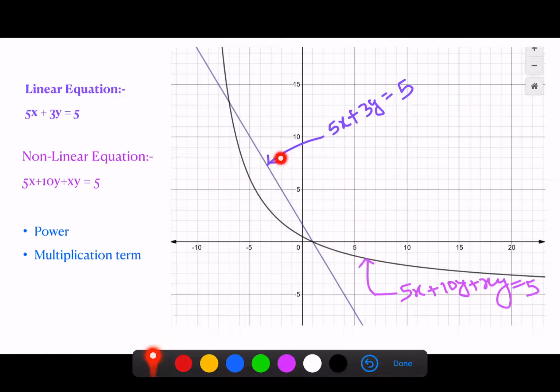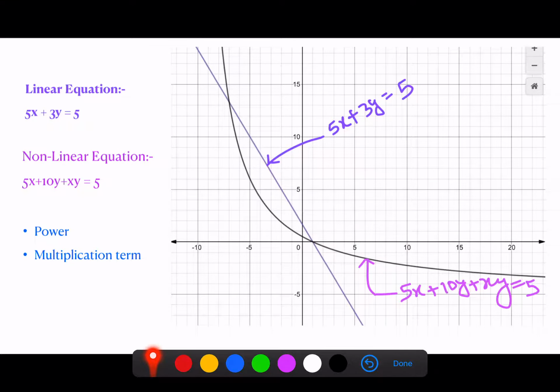The graph of the first equation is a straight line and that of the non-linear equation is a curve. In both equations the power of every variable is 1, but in the linear equation there is no multiplication term of variables, while in the non-linear equation there is a multiplication term. This is the basic difference, and that's why the nature of the graphs of these two equations is different.